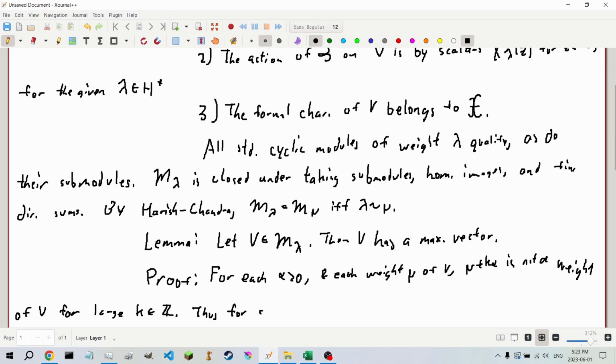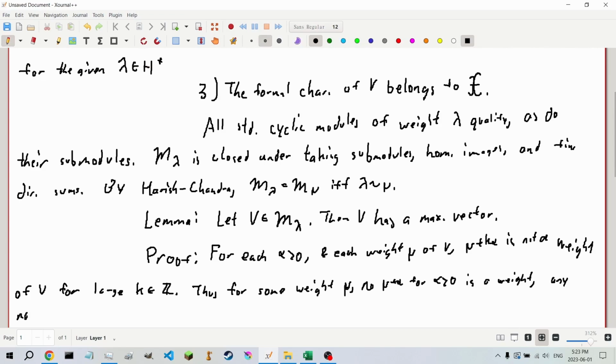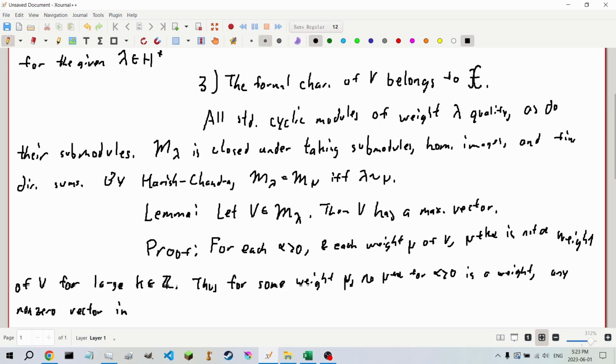Thus, for some weight mu, no mu plus alpha for alpha positive is a weight. So any non-zero vector in V mu is then maximal.